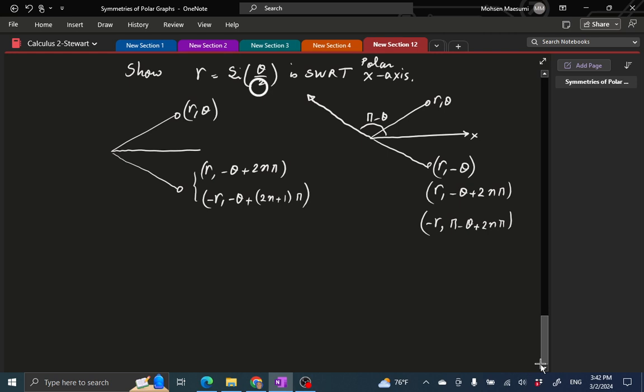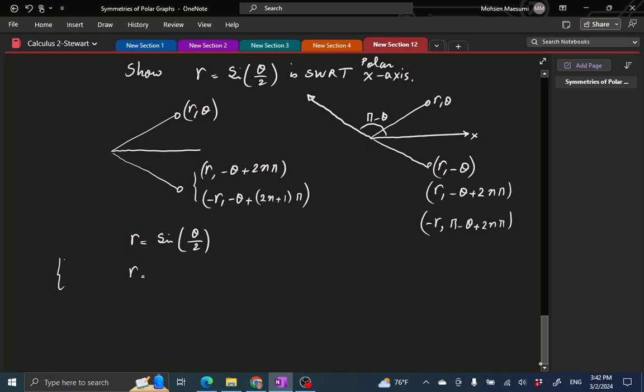Okay, with that in mind, is this r equal to sine of theta over 2 symmetric with respect to x-axis? So I start with r is equal to sine of theta over 2. First line of attack is to replace r with r.